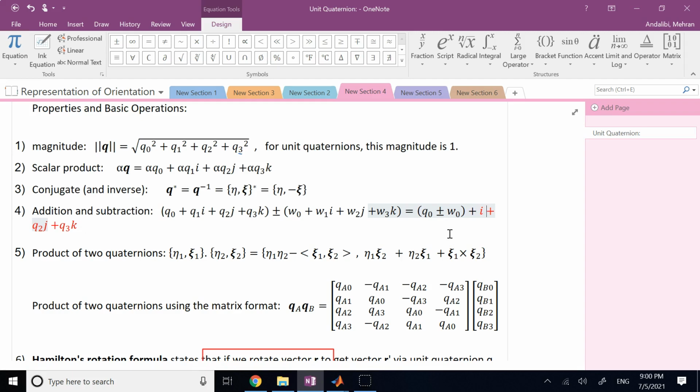I times q1, and then again plus and minus w1, right?